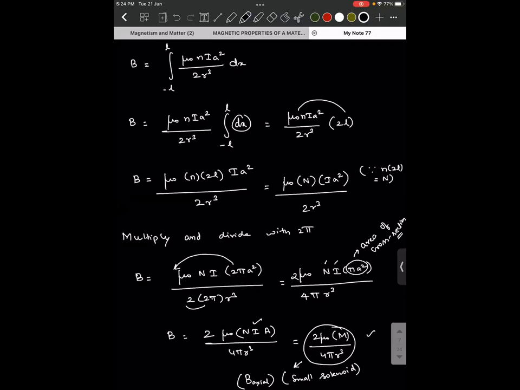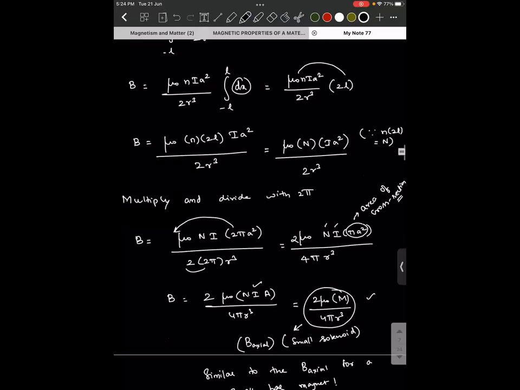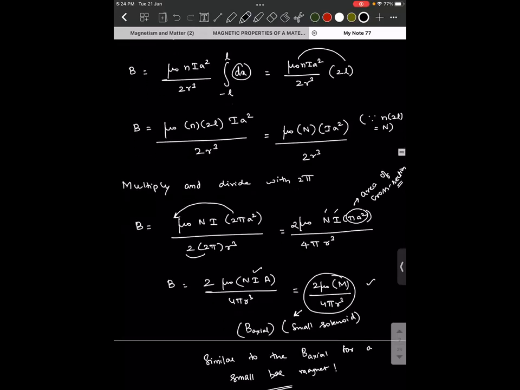Number of turns multiplied with the current and area. Yesterday's derivation also we used it for electron. Subhajit, you got it here. Current multiplied with area is magnetic dipole moment. If you add the number of turns for it, that is also dipole moment only, magnetic dipole moment. That is why I wrote it as capital M.